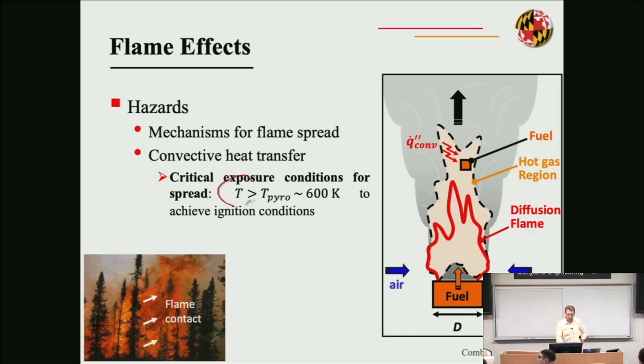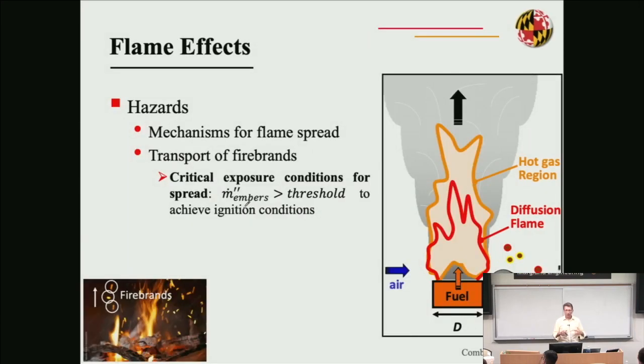So roughly speaking, you want the gas to be above the critical temperature for pyrolysis, estimated as 300 degrees C or 600 K. So that's the criterion: you need to have gases in contact with unburned vegetation at a temperature above 600 K to basically trigger a secondary ignition.